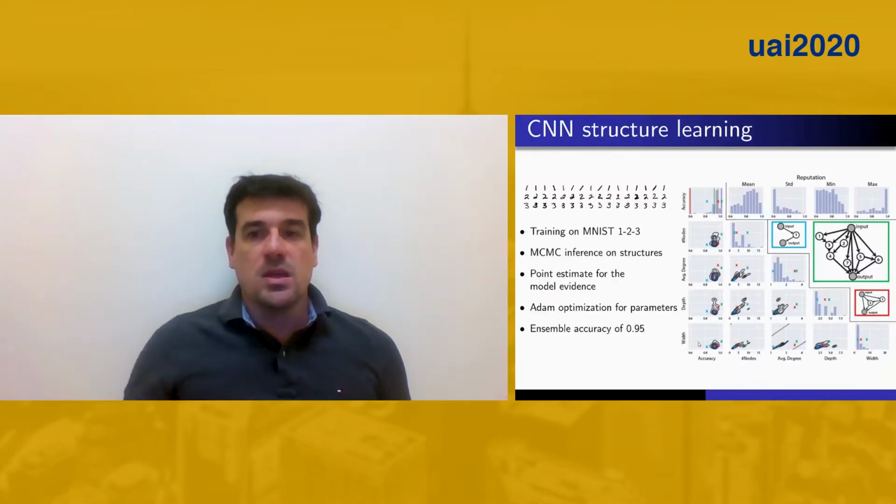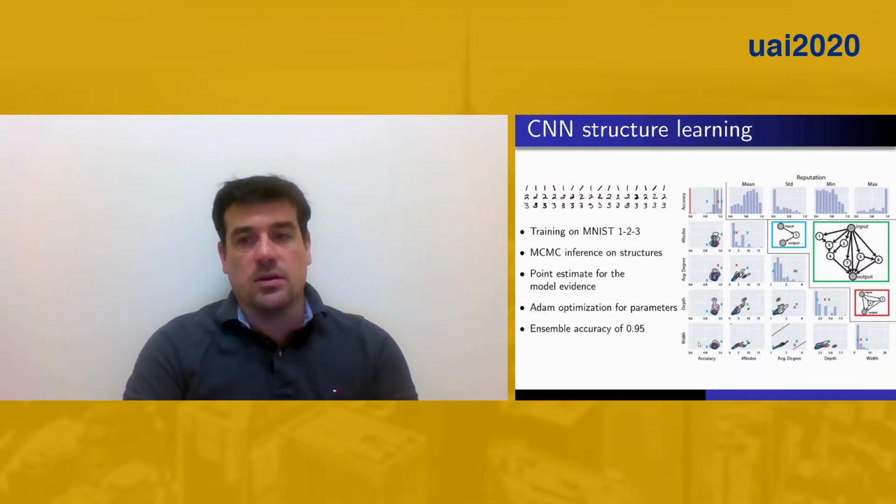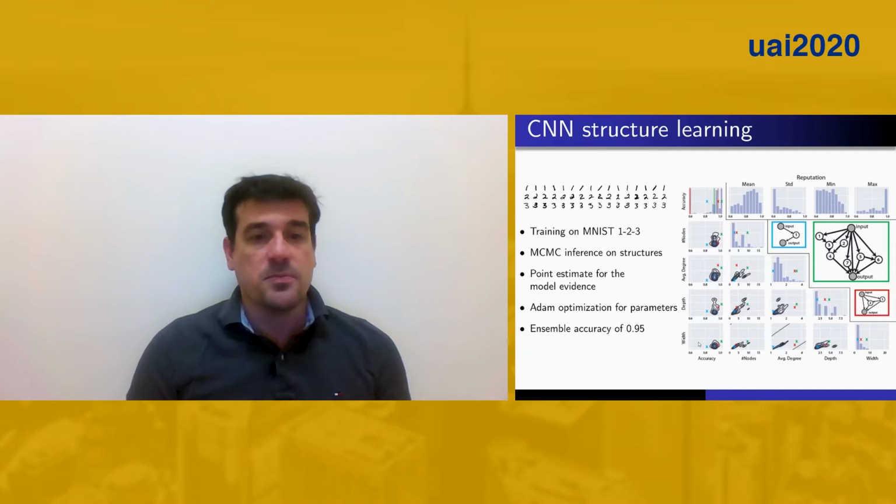We also trained on a CNN. So we marginalize out the structure of our CNN in a special case of MNIST, where we only train on the 1, 2, 3 labels, because doing inference on the structures is quite computationally expensive.